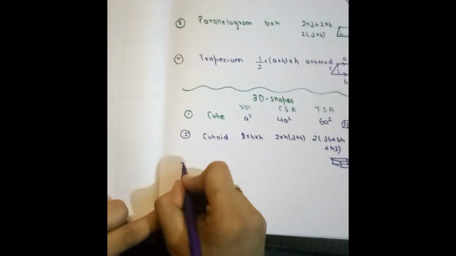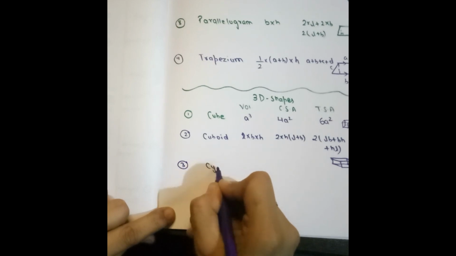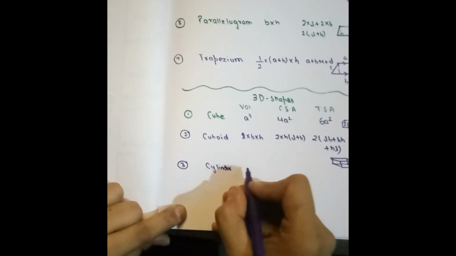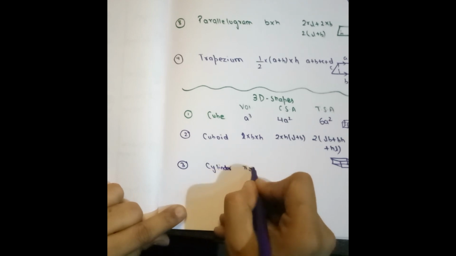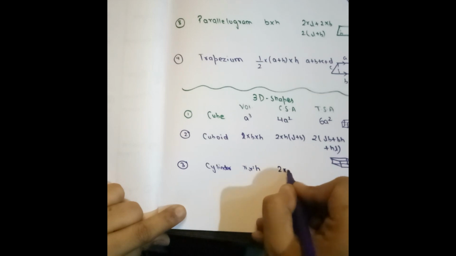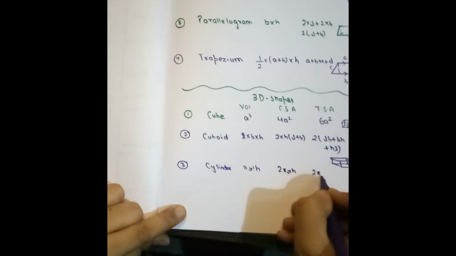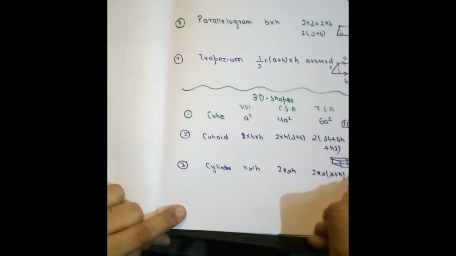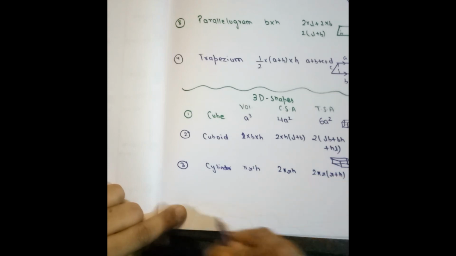Now let's come to the next 3D shape, and that is cylinder. The volume of the cylinder is pi r square h. Curved surface area is simply 2 pi r h, and total surface area is 2 pi r (r plus h). So the cylinder looks like this, of course.